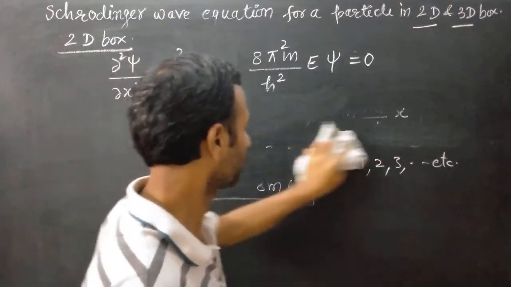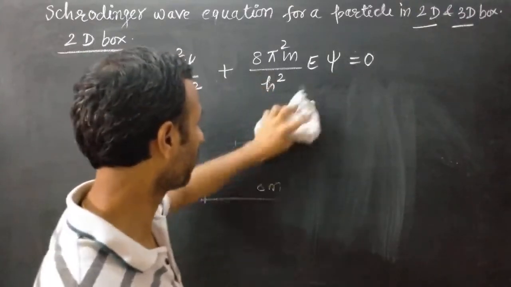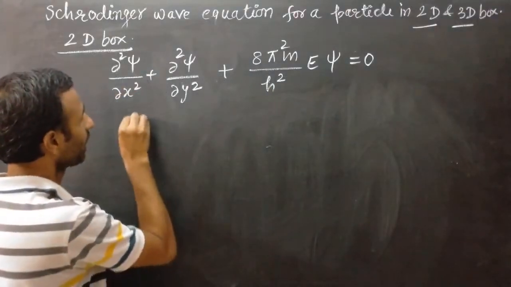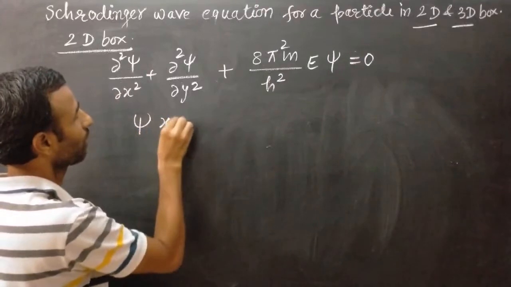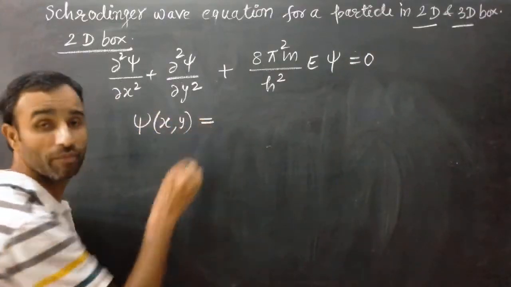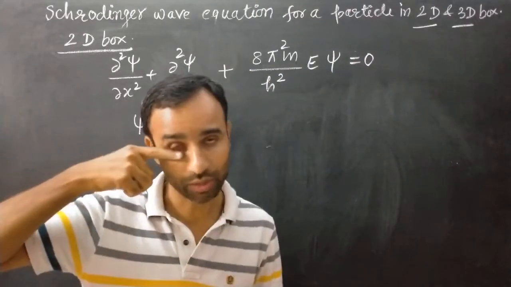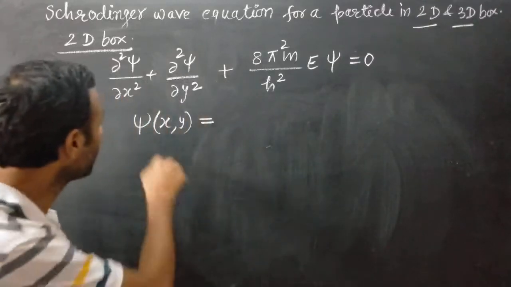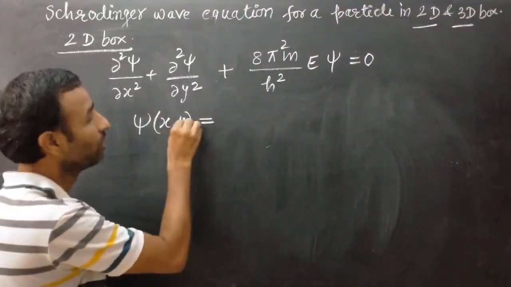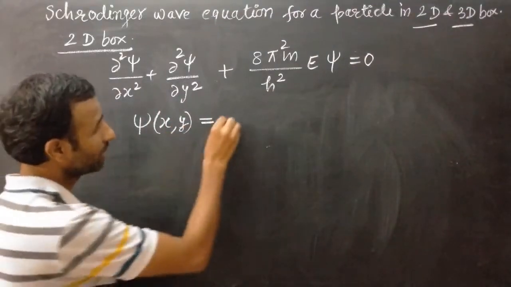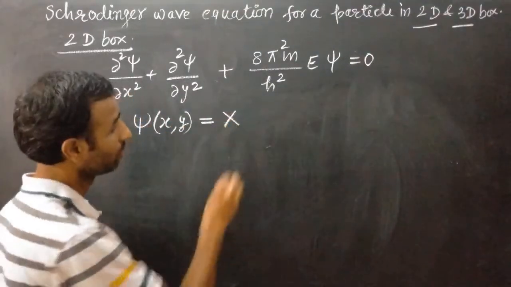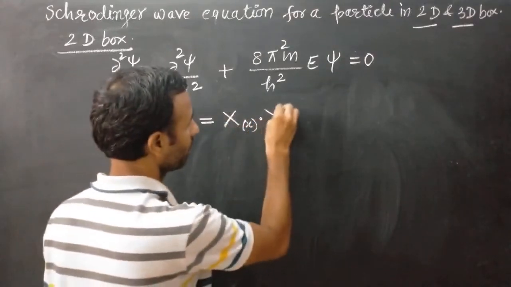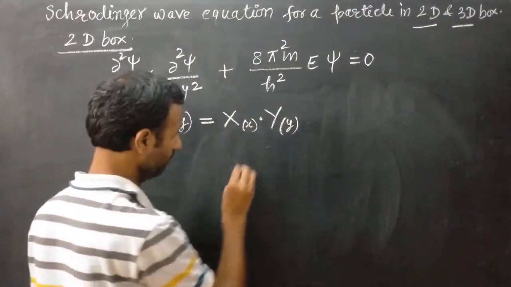Now starts the next part: psi is a function of x and y. In the 1D box, psi is a function of x only. Now psi is a function of x and y, which means it has two parts. First, it depends upon x, and second part depends upon y.